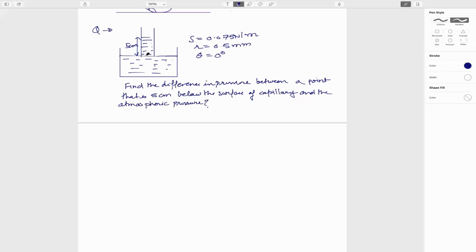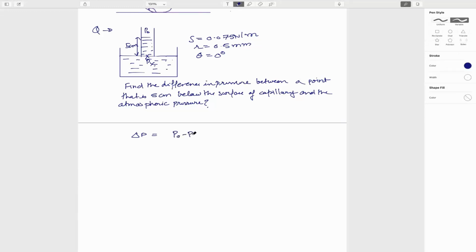So we need to find out the difference in pressure between the pressure at this point minus atmospheric pressure, that is P naught. So let's consider this point at X. So we need to find delta P, that is Px minus P naught. Sorry, P naught minus Px.